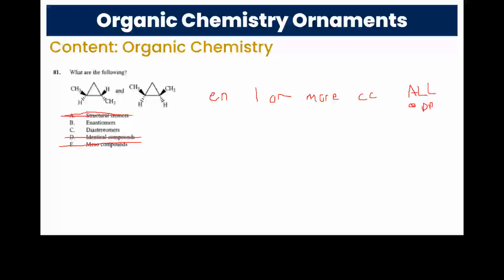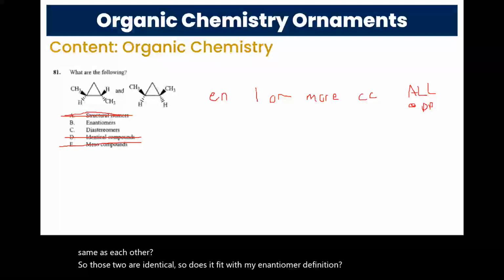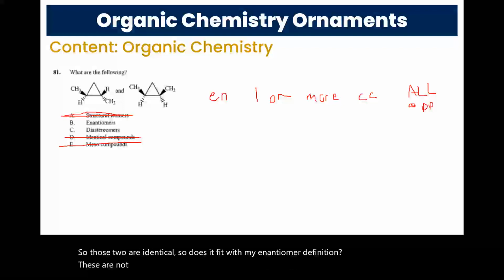Methyl on the wedge, methyl on the wedge. Are those opposites of each other? Are they the same as each other? Same as each other. So those two are identical. So does it fit with my enantiomer definition? No. These are not enantiomers because they would all have to be opposites. These are not all opposites, which means they must be diastereomers.